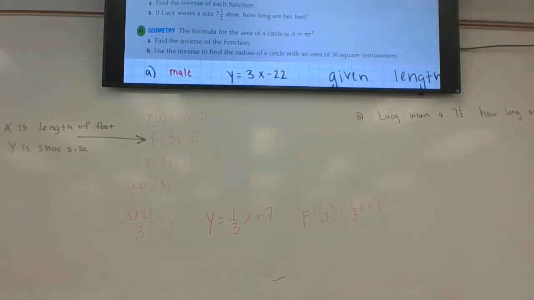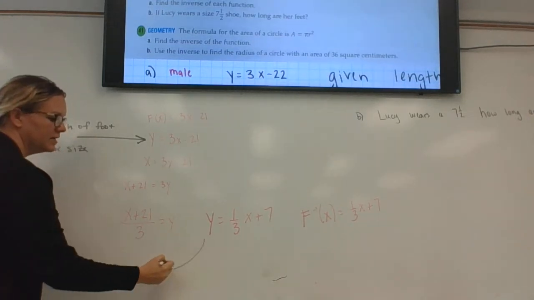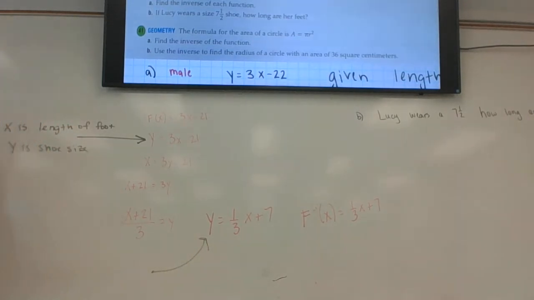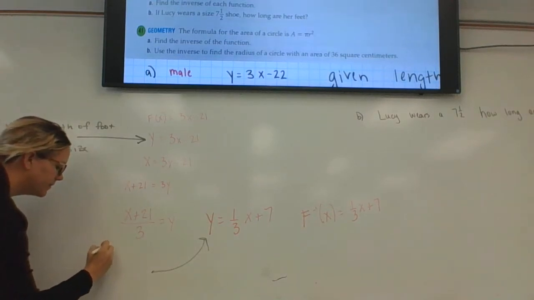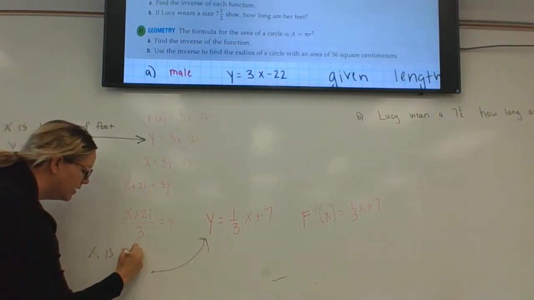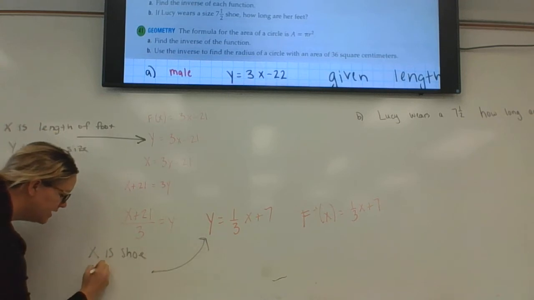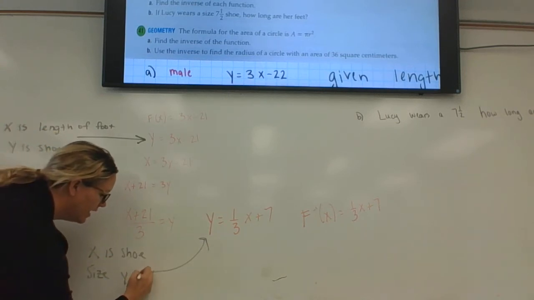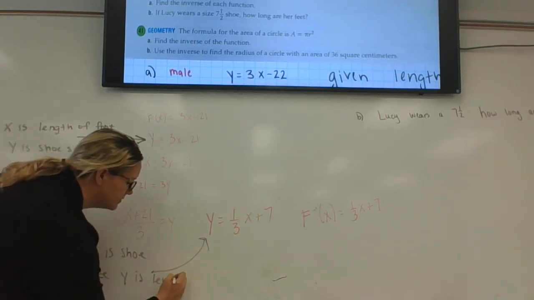All right, now when we rewrote this, the inverse switches that, okay? So this time, x is shoe size and y is the length of the foot.